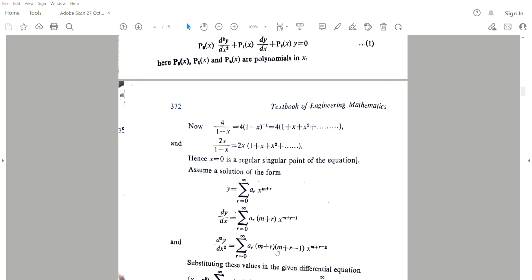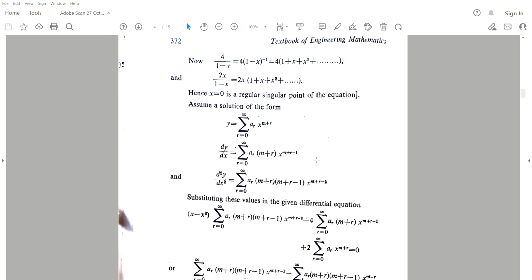Now, let us assume that the solution is of the form, go to the next page, 372. It is a difficult one, that is why we will go slowly.